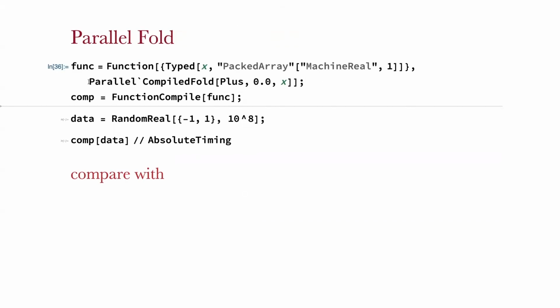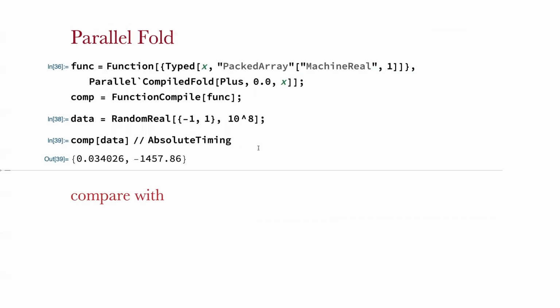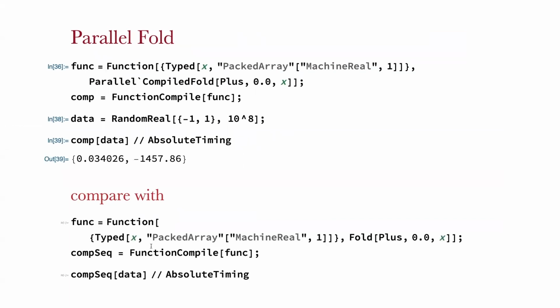It's a bit like fold over a data set, and when we run this, again we get nice acceleration. Again, the sequential version is running quite a bit slower. We're also getting the same answer, which obviously is attractive.